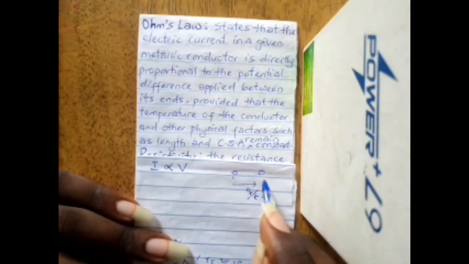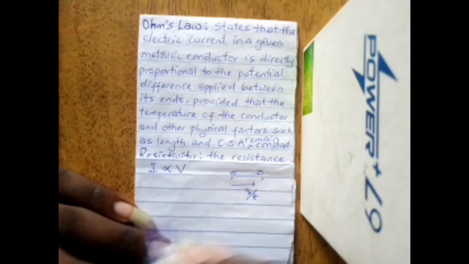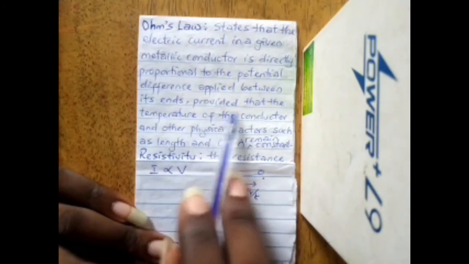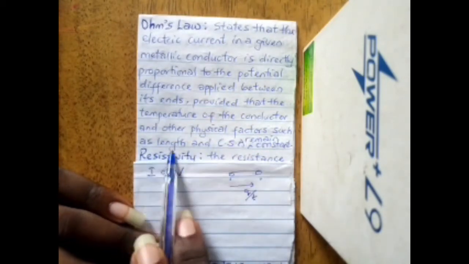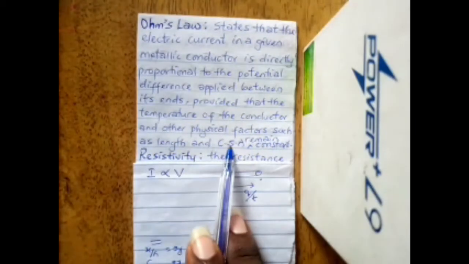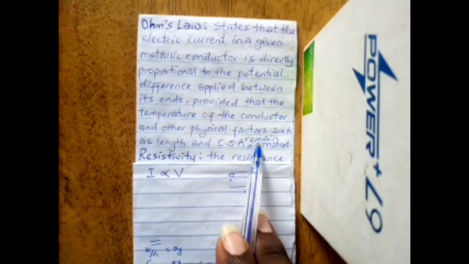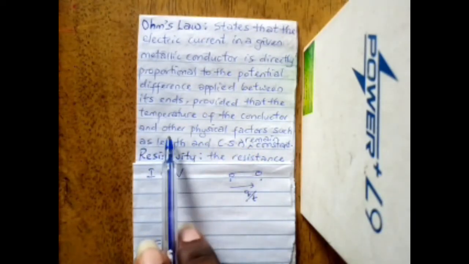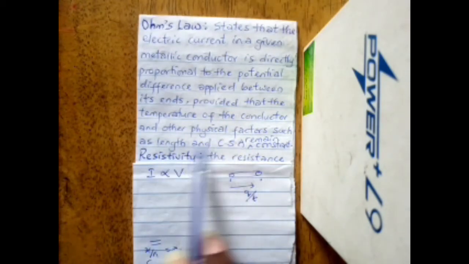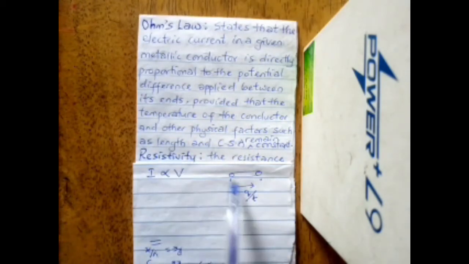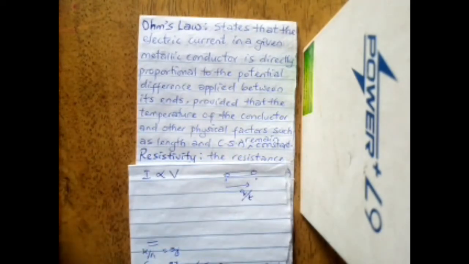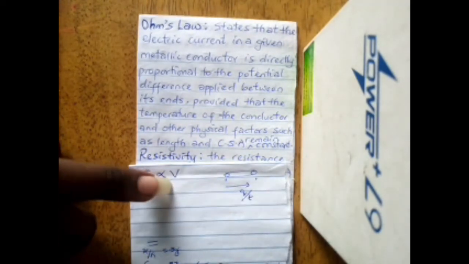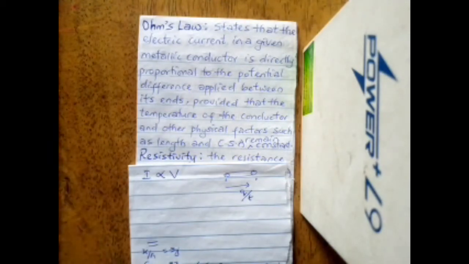Now, because you have potential differences at these two ends, provided that the temperature of the conductor and other physical factors such as the length and cross-sectional area remain constant, the current flowing through that conductor would always be directly proportional to the voltage drop across its ends.